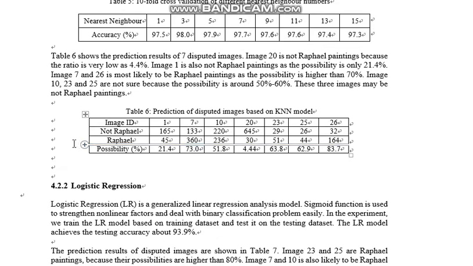If we set the threshold probability to 60, we can see images 1, 10, 20 are not Raphael images, while 7, 23, 25, 26 are real Raphael images.